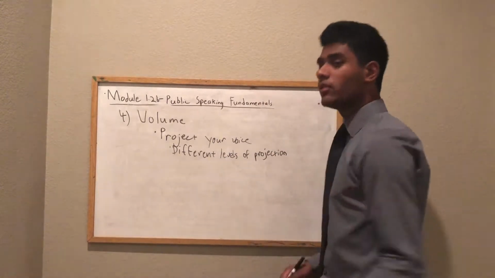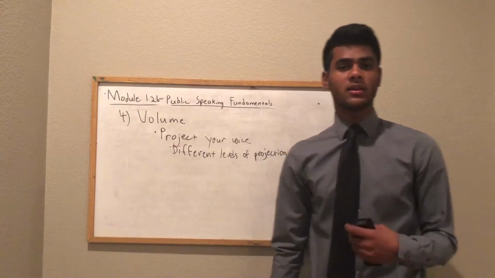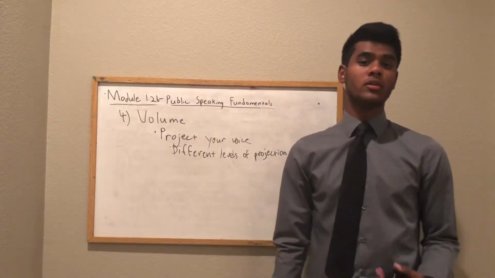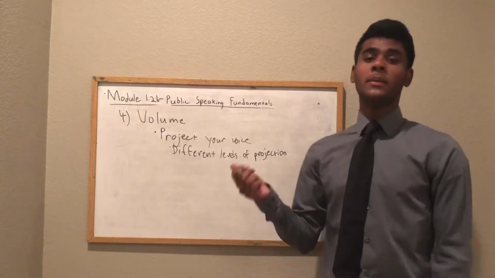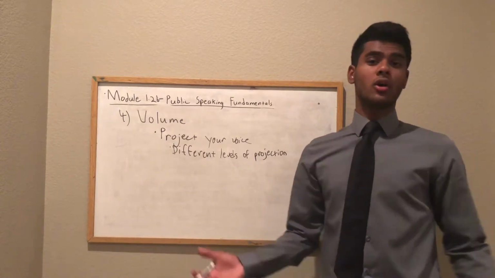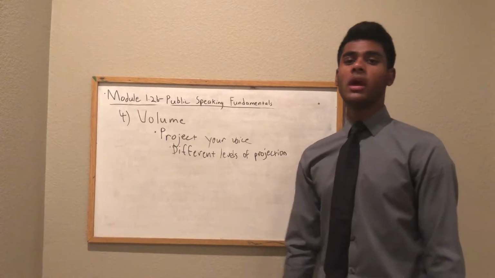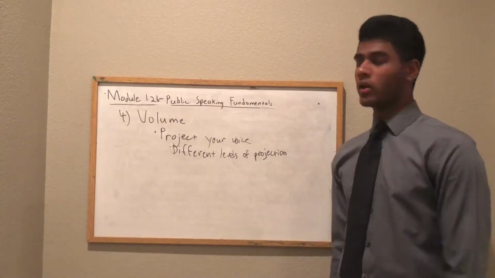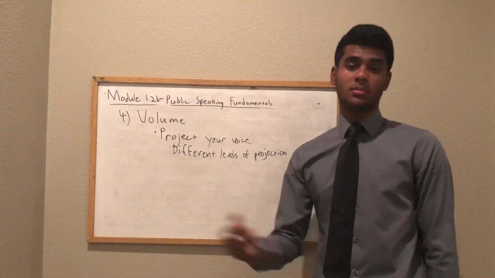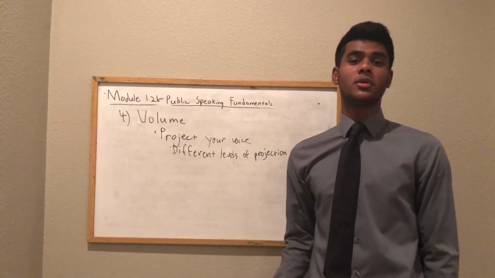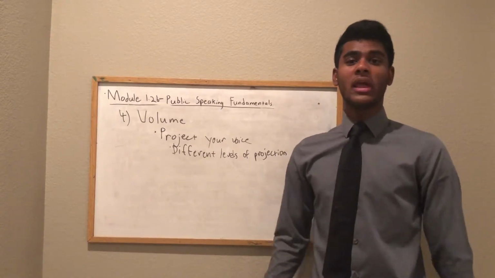And the level of projection that you're going to be at, right, how loud you're going to make your voice be, is going to be determined by how large your audience is. So obviously if you're having a one-on-one conversation with someone, you're not going to be yelling, right? Or you're not going to be talking very loudly because the person's right in front of you and you don't want them to perceive or think that you're yelling.